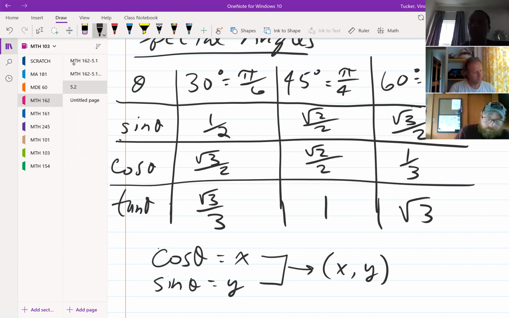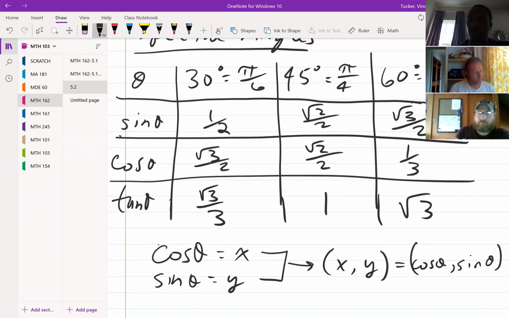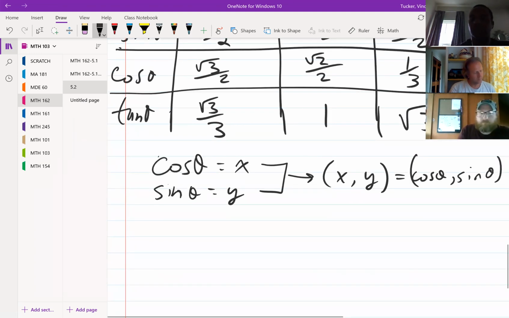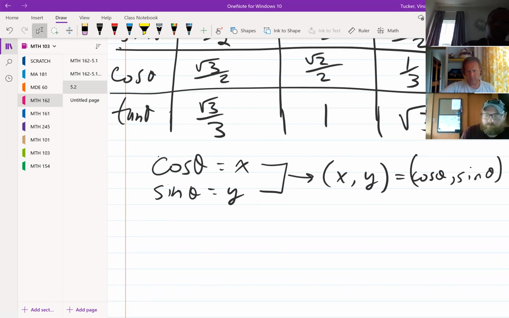Forgot which section, but just giving you a heads up so you start thinking in that way. Like I said, that's going to come back up later.